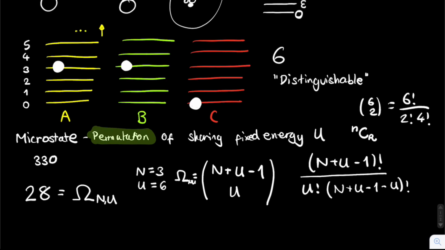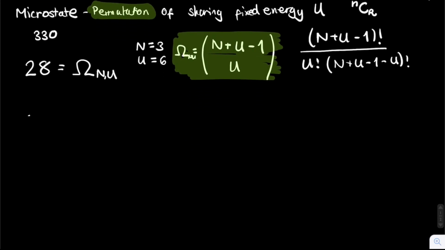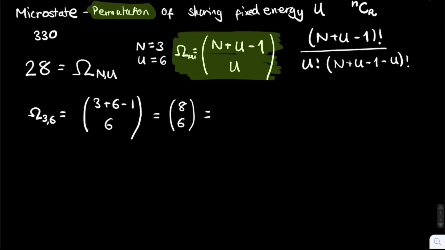That's what it is in maths, but here in statistical physics, this is what the number of microstates is, and it's this formula right here. Pretty handy formula. So actually, if you work this out, then in this case, you're going to end up with omega 3,6 is equal to, well, 3 plus 6 minus 1, choose 6, which is equal to 8, choose 6, which is equal to 8 factorial over 6 factorial times 2 factorial.